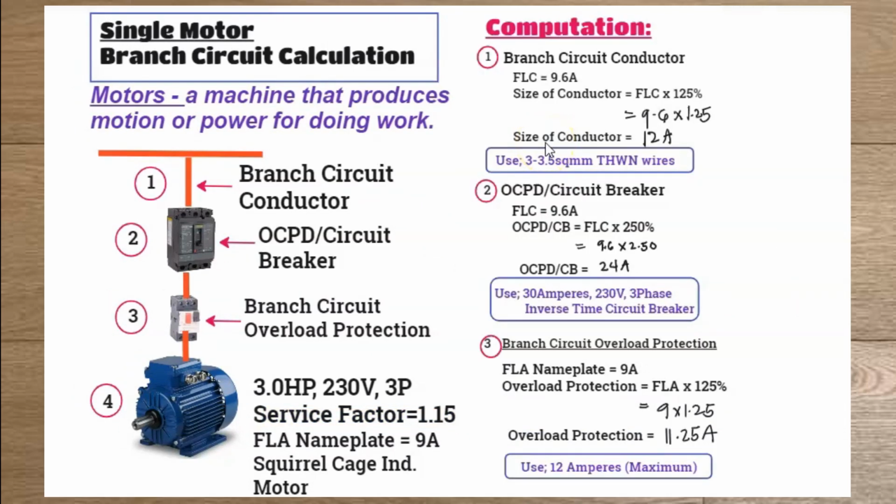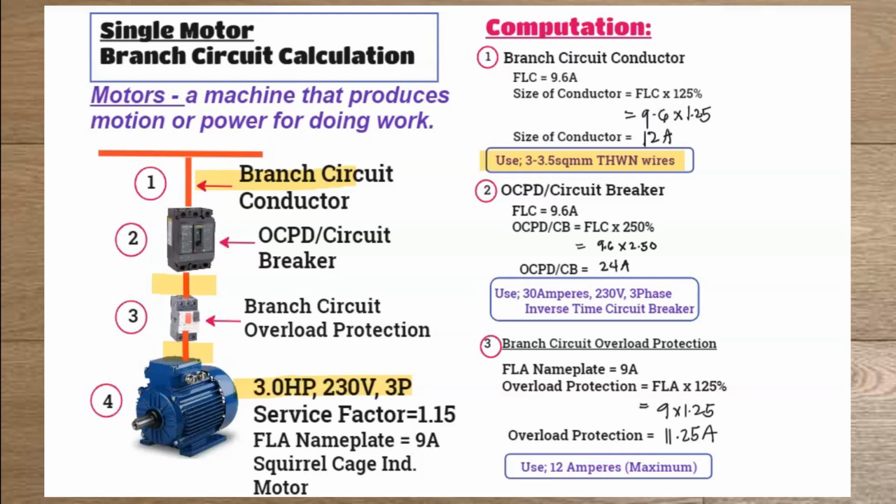We're almost done with our computations for this 3 HP, 230 volts, 3 phase motor. Our branch circuit conductor is three 3.5 square mm THWN wires. This branch circuit conductor is the same as the wire after the overload protection.